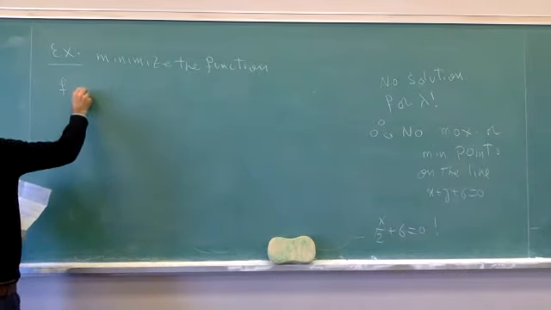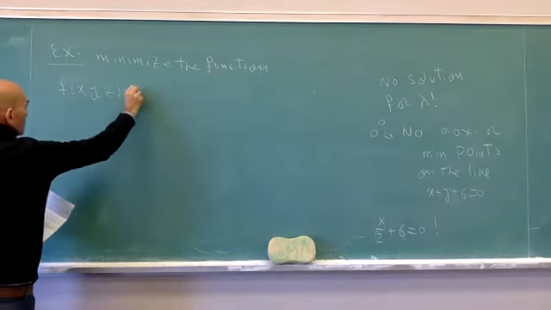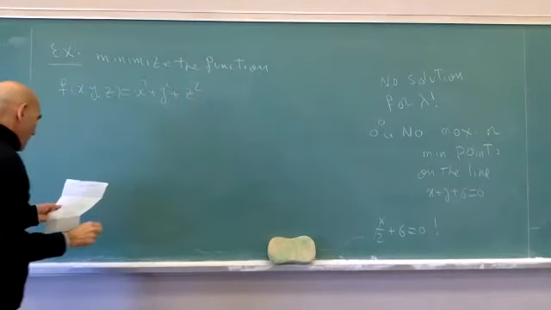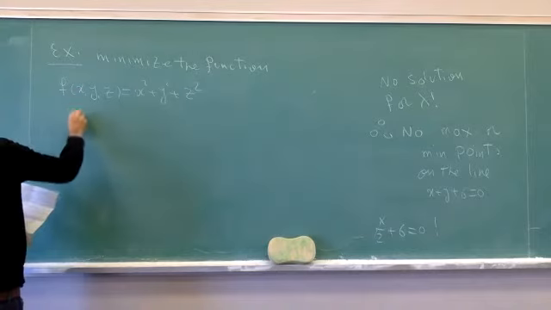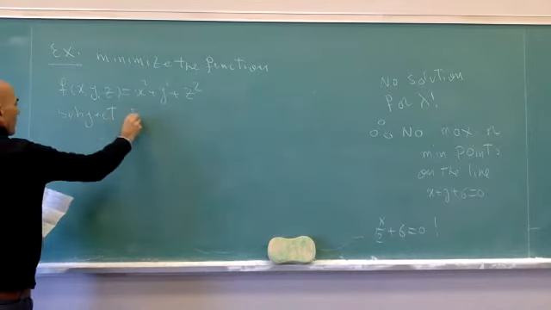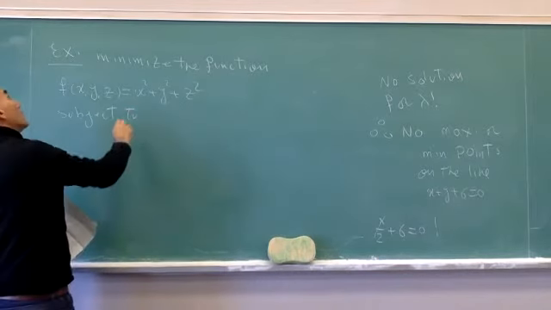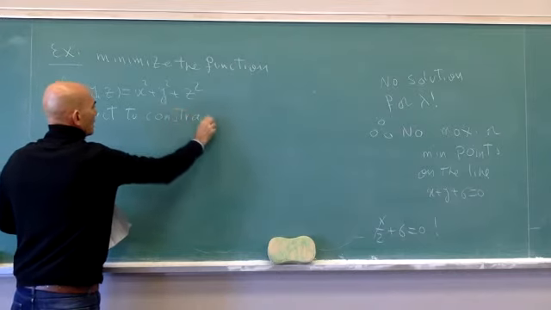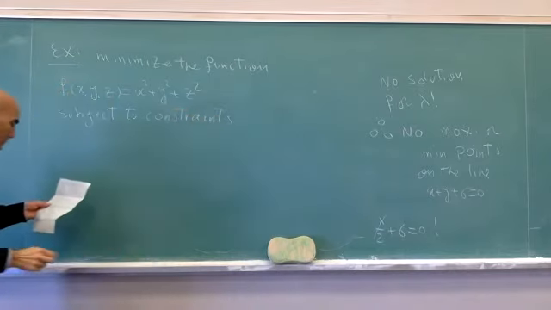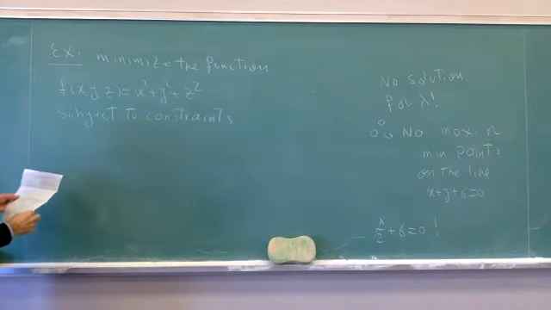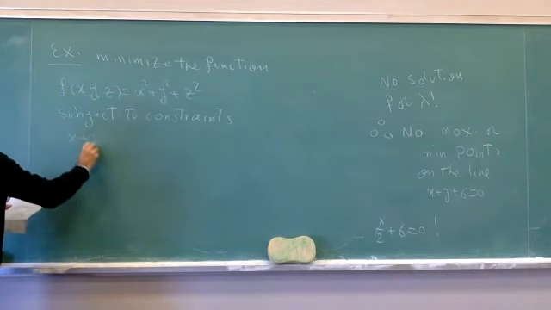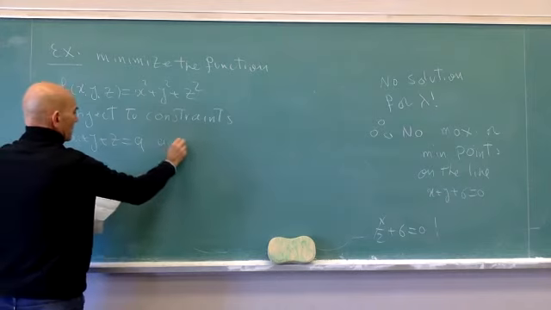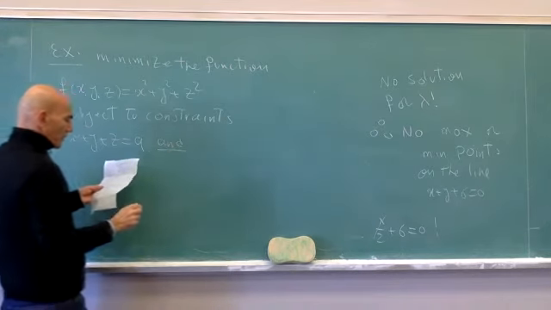Now you have 3 variables, equal to x^2 plus y^2 plus z^2, subject to constraints: x plus y plus z equal to 9, and x plus 2y plus 3z equal to 20.